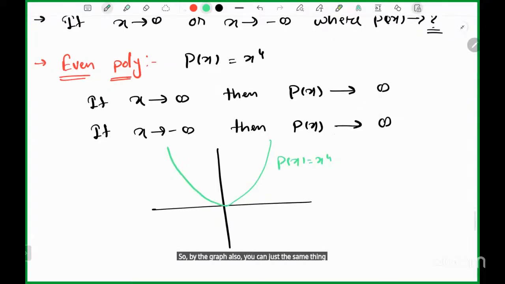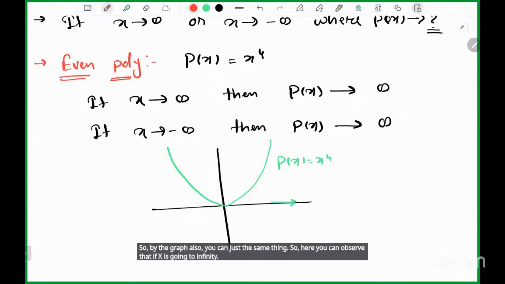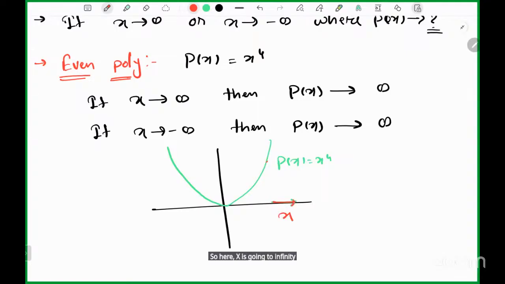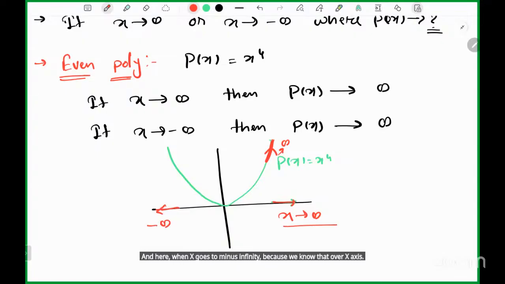Here you can observe that if x is going to infinity, the values of p of x are getting bigger and bigger. So when x is going to infinity, these values are also going to infinity. And when x goes to minus infinity, because we know that over the x-axis, in the right hand side, if you move forward you will go to plus infinity, and in the left hand side, if you go forward you will go toward minus infinity, you can observe that p of x is still going toward plus infinity.